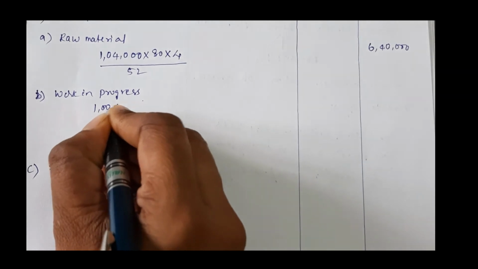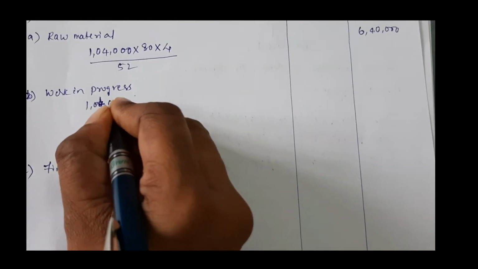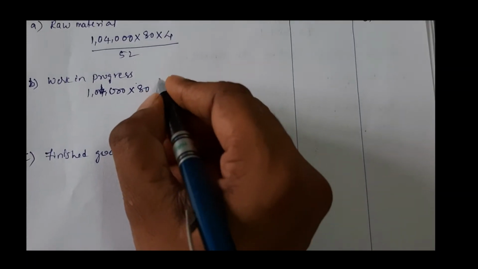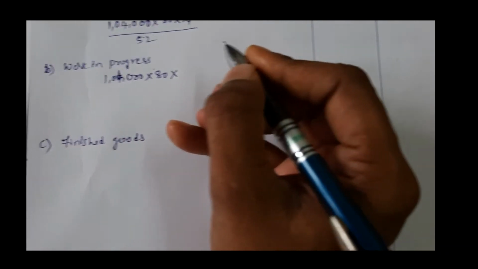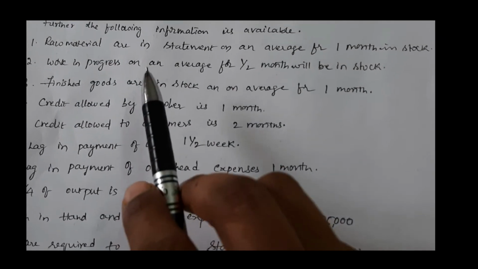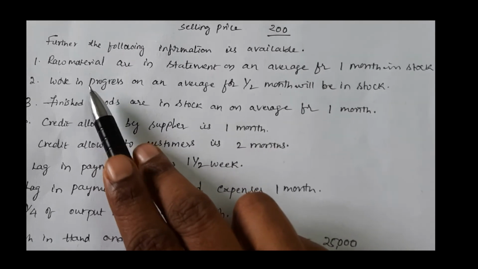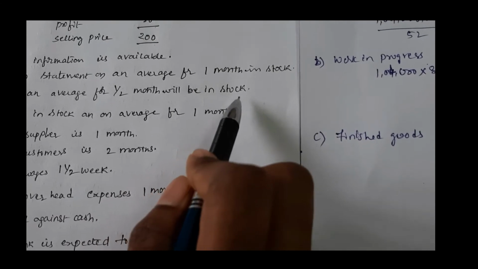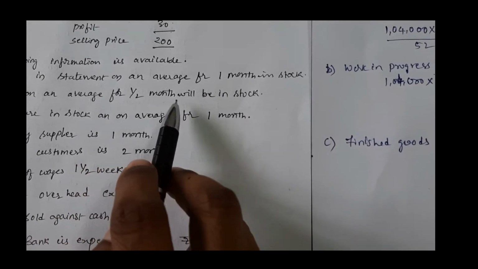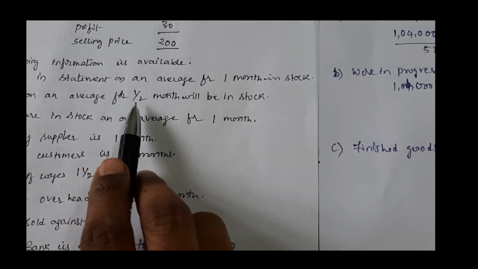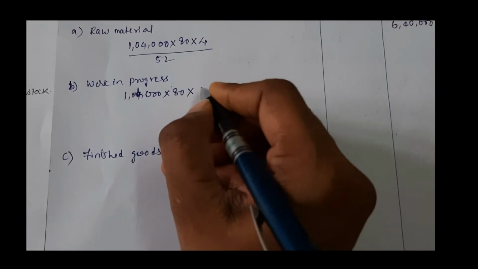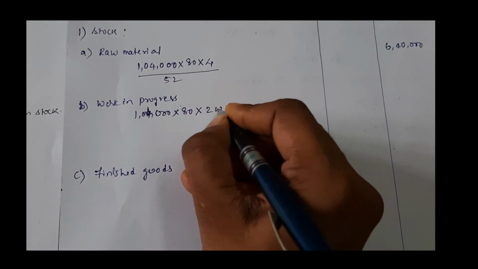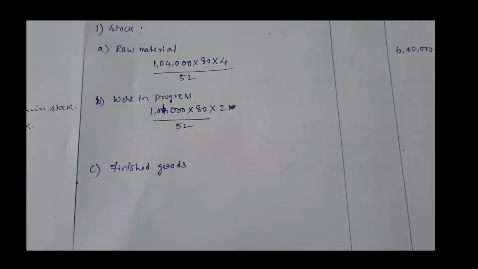Total number of units to be produced are 1,04,000 units into raw material cost per unit is 80 rupees into average time gap for work in progress. See here it is given work in progress on an average for half month will be in stock. So average lag will be half month. So half month means 2 weeks into 2 divided by 52.